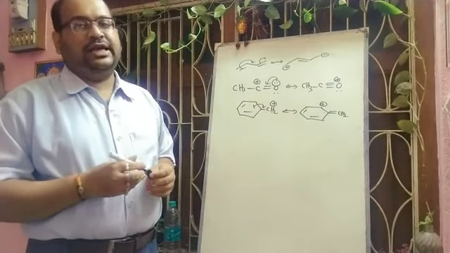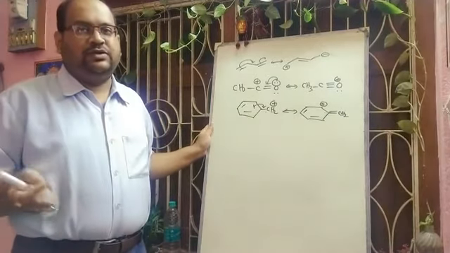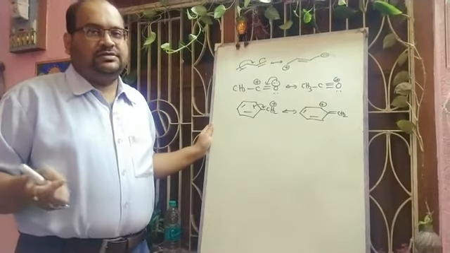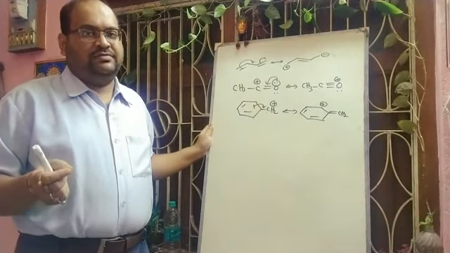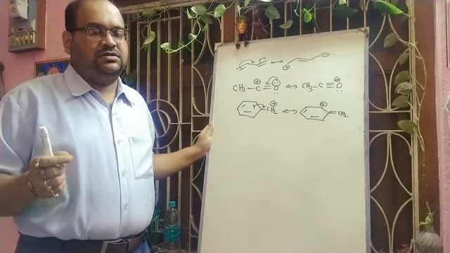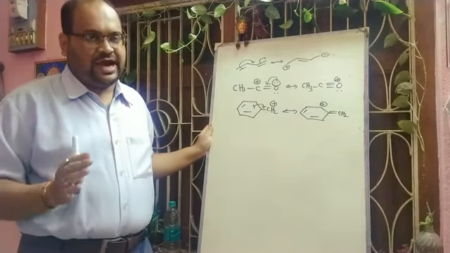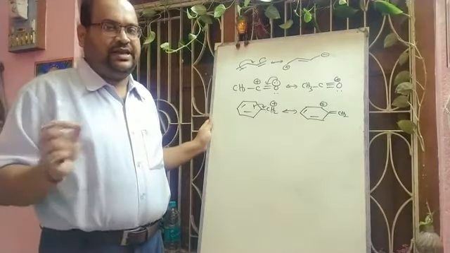Next, we can think about another rule: a resonance structure having two dissimilar charges close to each other is relatively more stable and more contributive. So similar charges should be placed as far away as possible, but dissimilar charges should be very close.